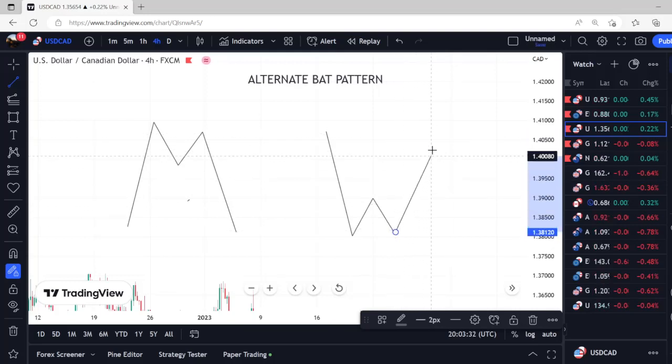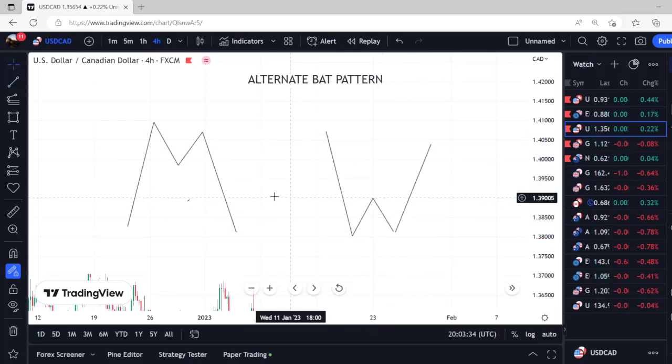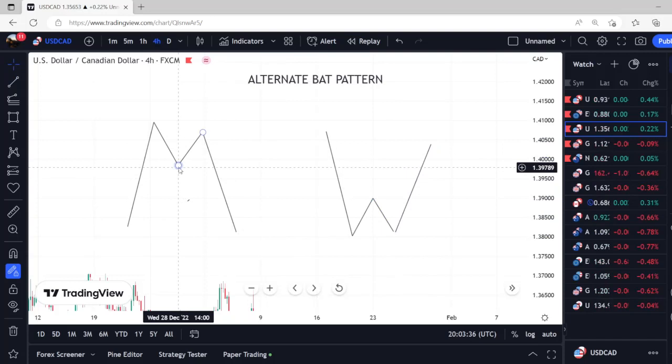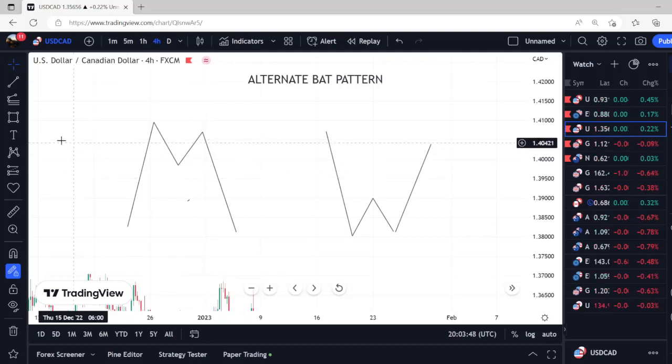With the alternate bat pattern, the difference between the alternate bat pattern and the bat pattern is the B leg and the D leg. So the measurements are the difference between the two patterns.